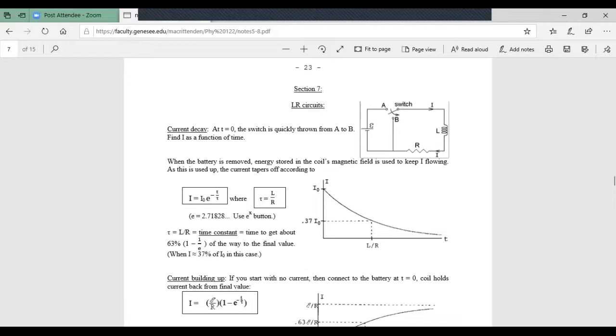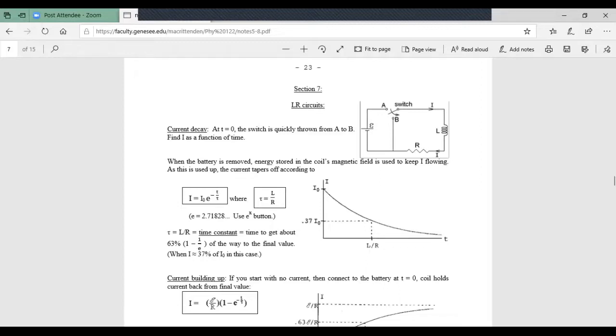And so a current I was established flowing around this loop. And then throwing the switch from A to B removes the battery from the circuit, okay?